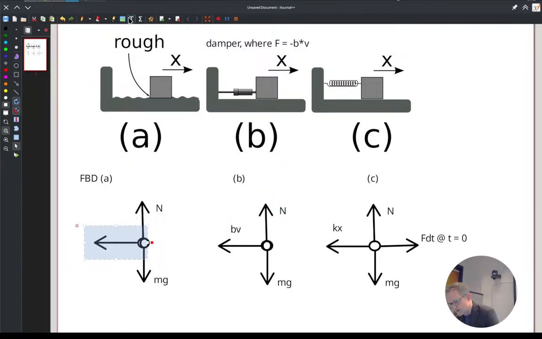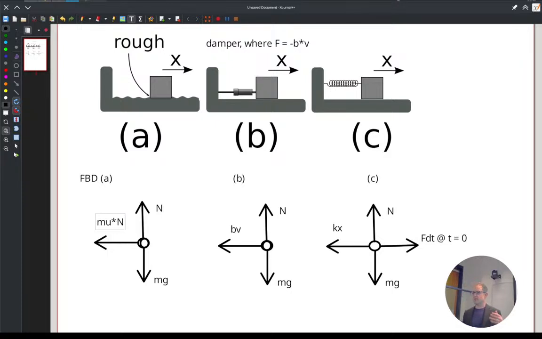What is the force of friction though? Is it proportional to speed or displacement? It's just a constant, like mu times N, right?